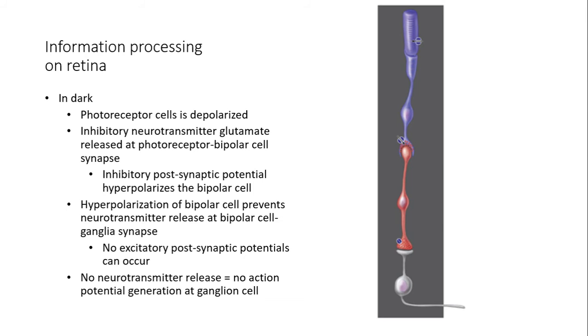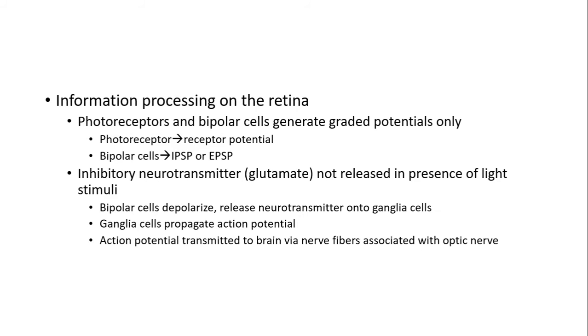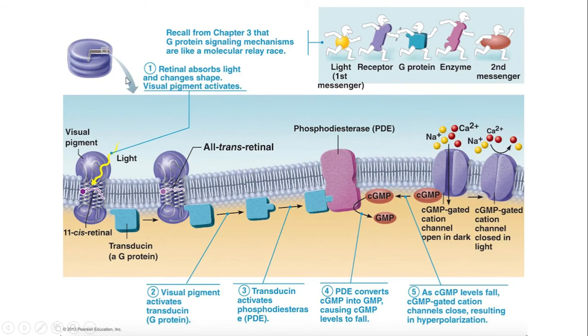Now the opposite happens when in the light, right? In the light, we said that the rods or the photoreceptors become hyperpolarized. In the light, you have this entire mechanism occurring that eventually closes the channels.